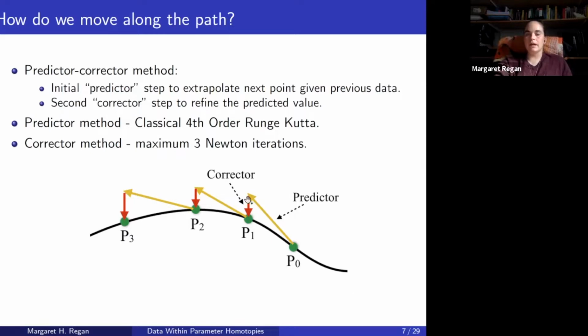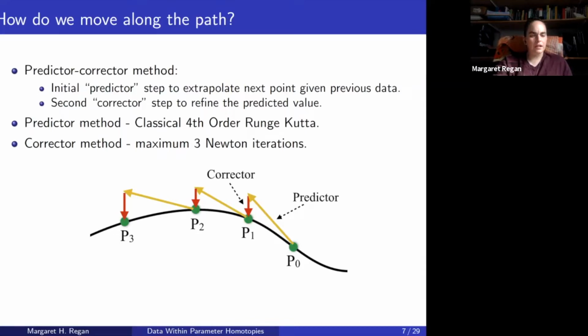Then we want to refine to get back to our curve so that we stay close to it. And so generally the predictor method that we use is the classical RK4.